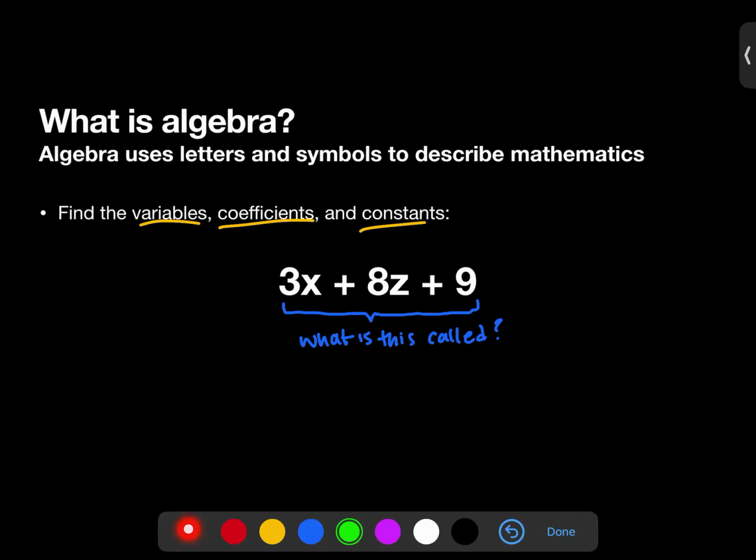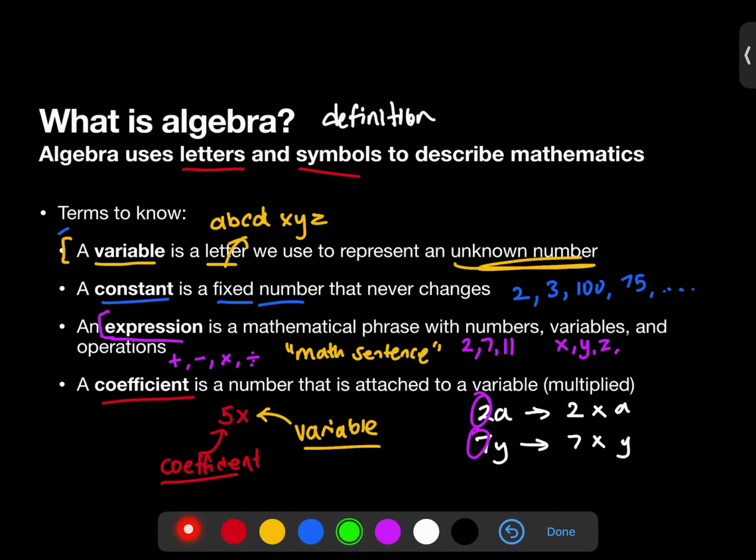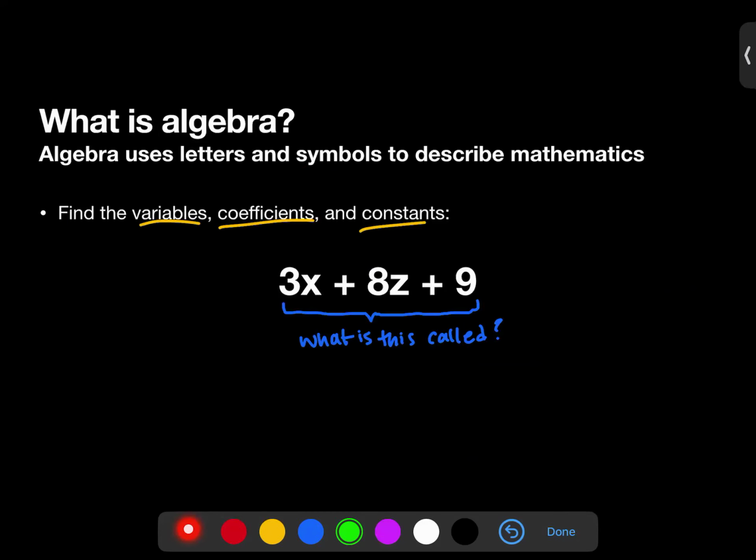Okay, that's okay. Do you remember expressions? An expression is, think of it as a math sentence. Expressions are phrases or sentences in mathematics that have numbers, variables, and operations. If you look here, we have numbers, we have variables, and we have operations.